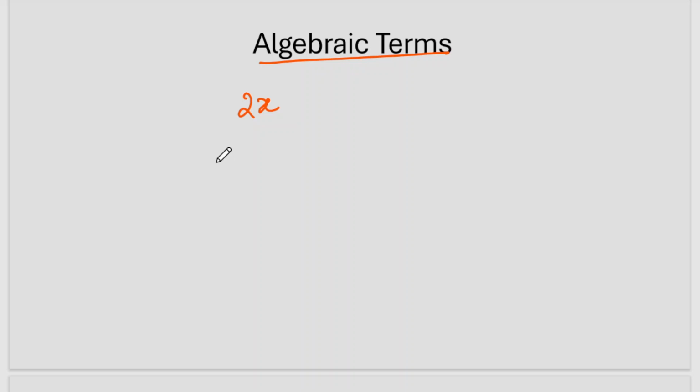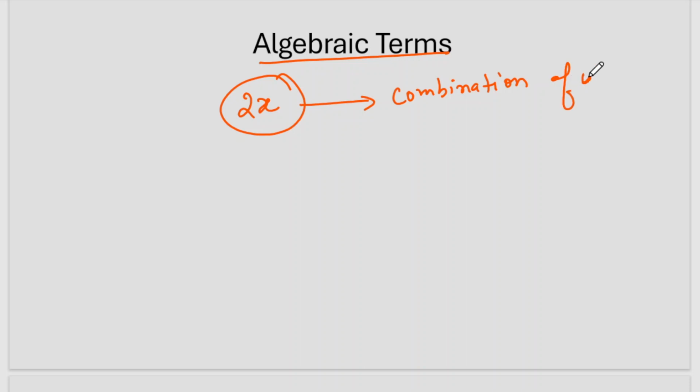Now you can say this is the combination of constant and variables. So algebraic term is nothing but the combination of constant and variables.